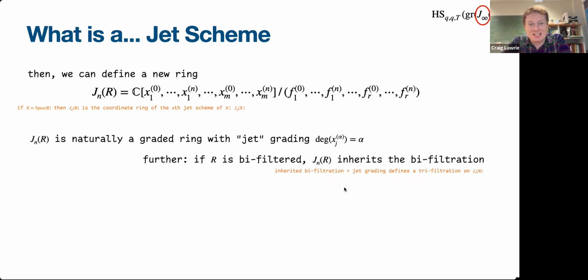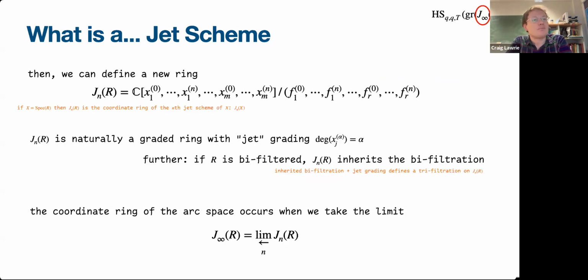In this case, I'm going to simplify my language, and instead of saying I have a bifiltration and a grading which are compatible with each other, I'll just say there's a trifiltration, even though one of those filtrations is kind of boring. Now in the picture at the top we have a J infinity.